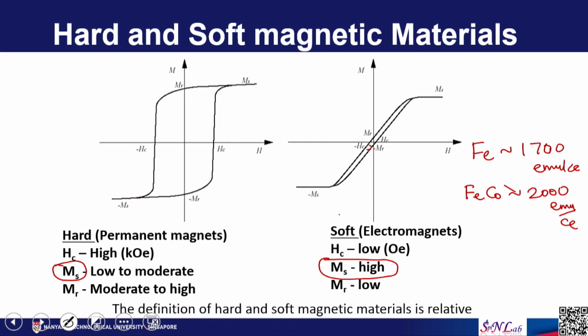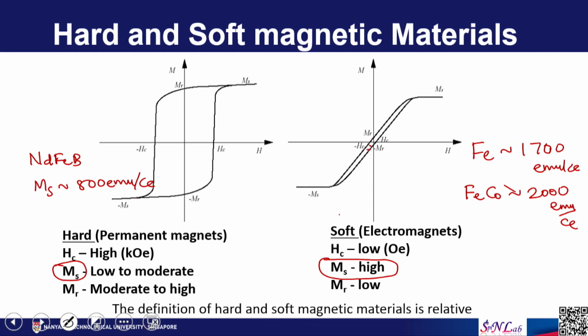But if you take neodymium iron boron or some such material, the MS will be around 800 emu per cc, something like that. So, you see that this is not that high compared to this. So, typically the soft magnetic materials have a large MS, and comparatively these materials will have low to moderate.